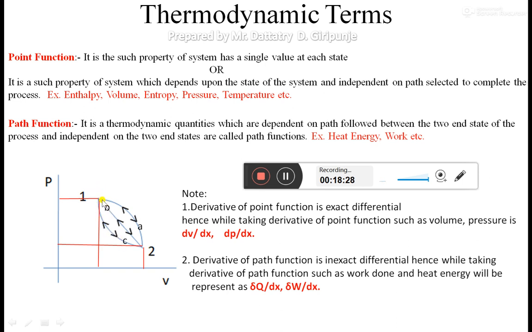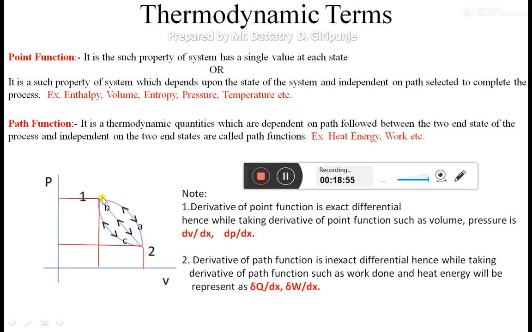For example, if I want to travel from Nagpur to Mumbai, my end points are fixed, Nagpur here and Mumbai here. But I can travel from Nagpur to Mumbai by Nashik also, or by Pune also, or by some other way also. So the path is different.